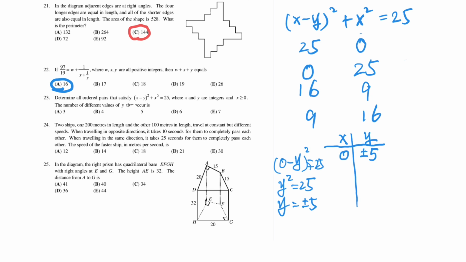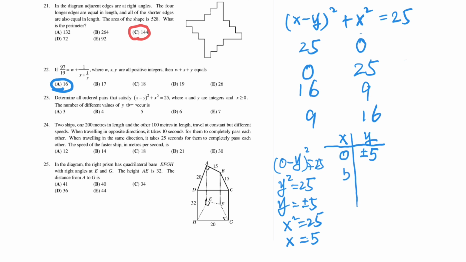Now if x squared equals 25, because x is greater than or equal to 0, it cannot be negative 5, so x just equals 5.